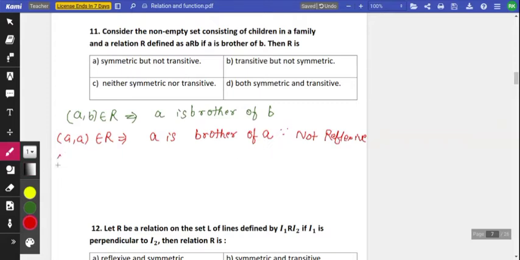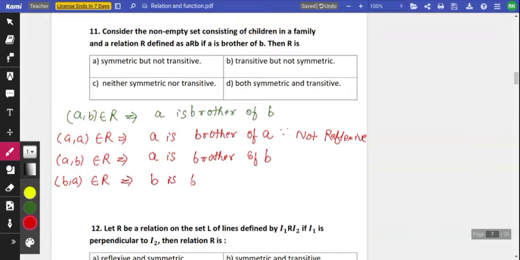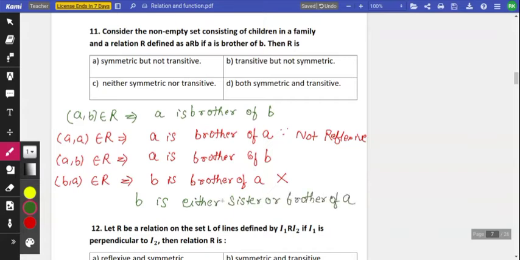For the given relation to be symmetric, if (A,B) belongs to R, it means A is brother of B. If (A,B) belongs to R, for symmetric, (B,A) should also belong to R. It means B is brother of A, which is incorrect because B is either sister or brother of A. So the given relation is not symmetric.